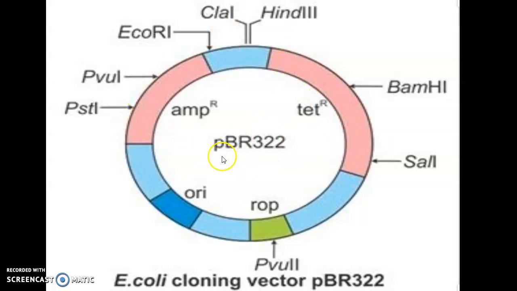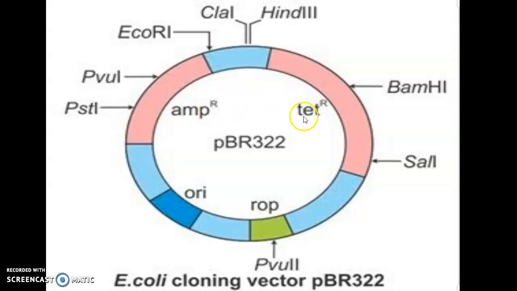When we observe this plasmid, it has the origin of replication site from which it starts replication or increases its number. It has two antibiotic resistance genes: one is ampicillin resistance and the other is tetracycline resistance.